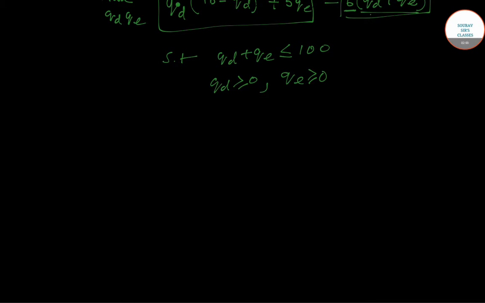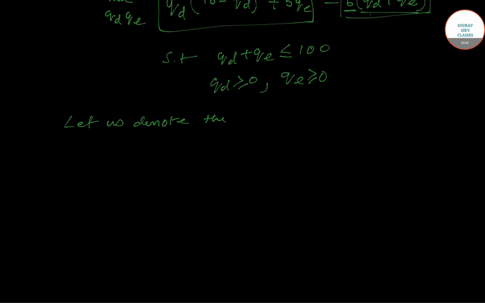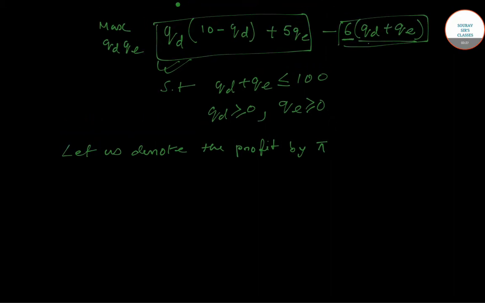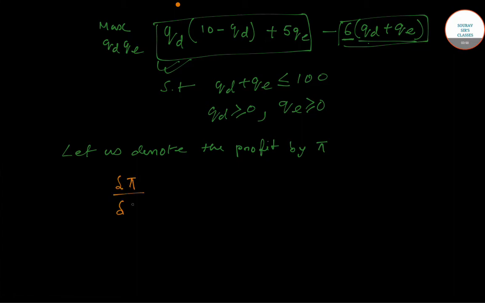Let us denote the profit by pi. If you differentiate this profit function with respect to QD, you will get 4 minus 2QD.